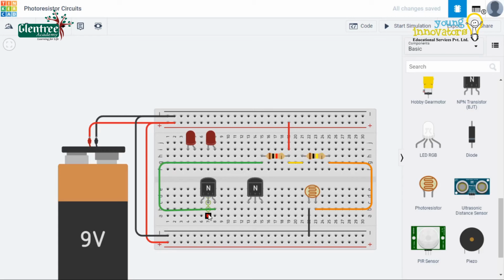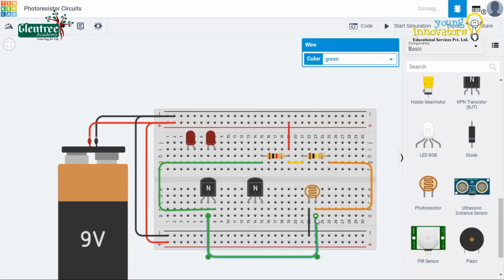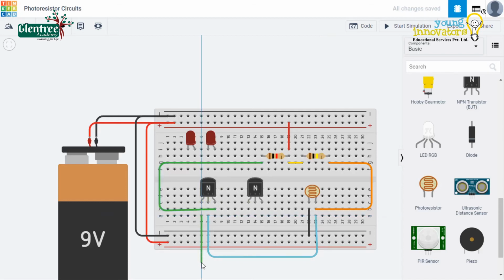The base of transistor 2 goes to terminal 2 of the LDR. The collector terminal of transistor 2 goes to the base terminal of transistor 1.